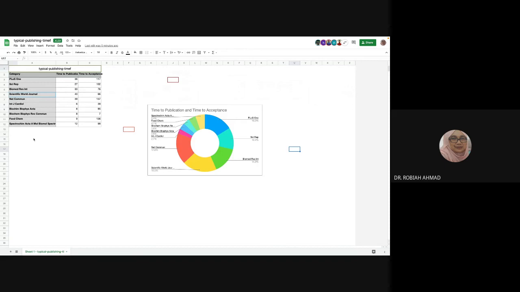So Akil, when you present your data using donut charts, what can you get from the information here? Is it telling you something by using a donut chart? Yes, the big parts need a long time to accept and publish, right?